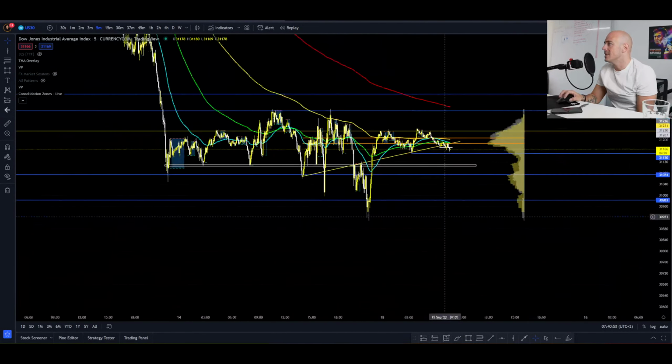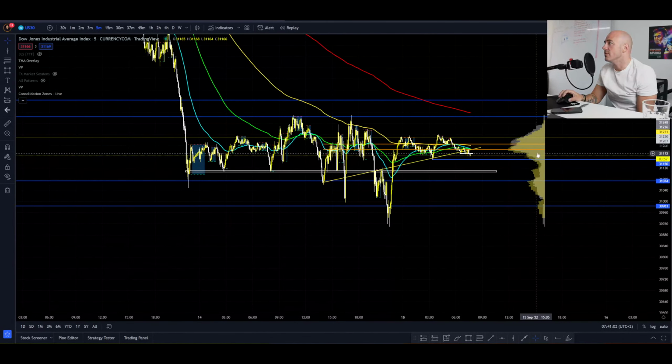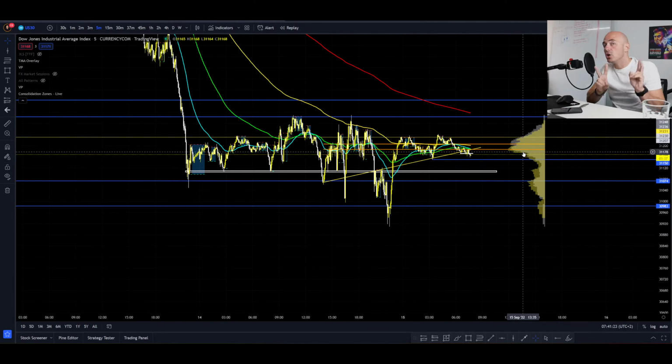Because as you can see, the volume profile shows that this is a very high volume area. High volume means that the market maker is able to collect all of these people's money, and then the market maker will push the market in the direction that he chooses, once he is satisfied with the amount of money he has accumulated in this accumulation zone.